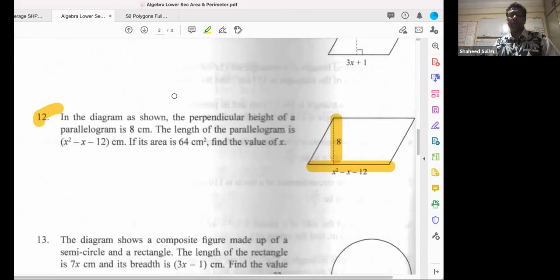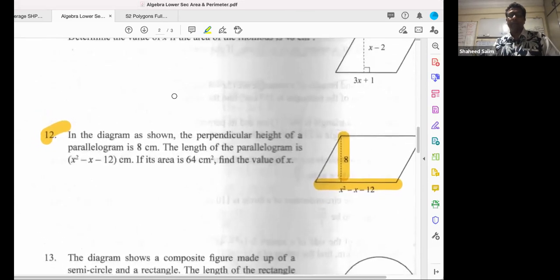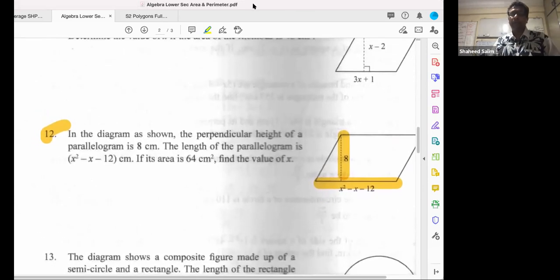Okay. So how to do it? Number one, take your base times height. How much do you get? 8 times x squared minus x minus 12. Now this equals 64.